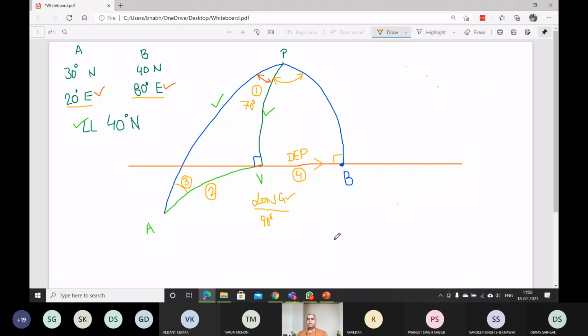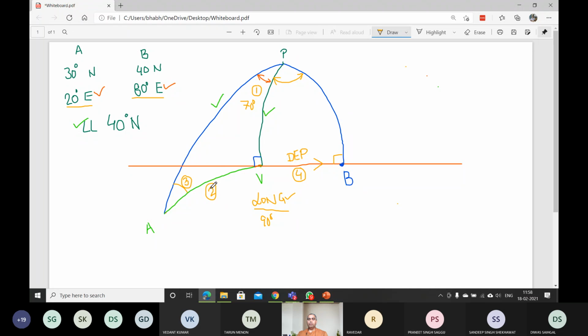We solve the triangle using great circle sailing with the cosine formula only. No vertex is required then. You follow the great circle sailing method, use the cosine formula, and calculate the distance AB and the initial and final courses. If the vertex lies inside triangle PAB, then we follow the composite sailing method.